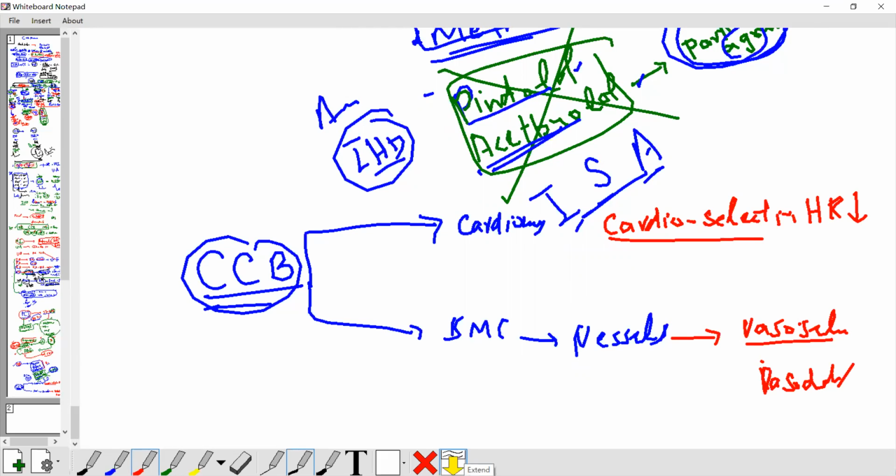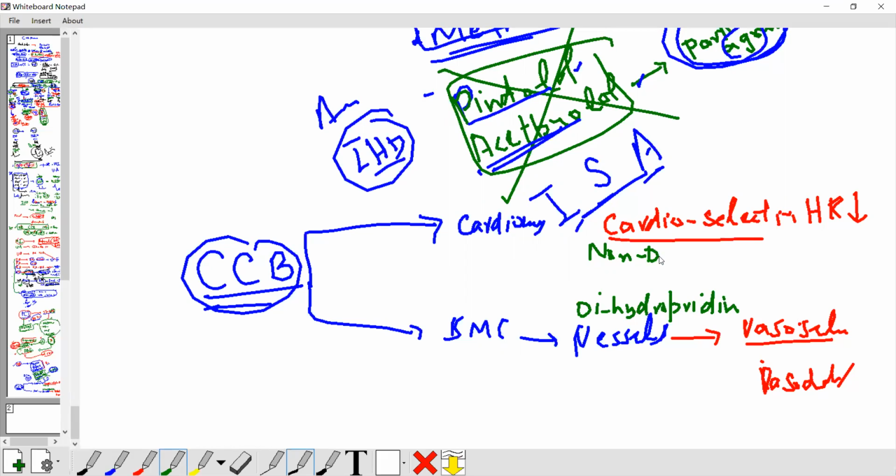So calcium channel blockers have two families. Number one, vasoselective: dihydropyridine. Number two, cardioselective: non-dihydropyridine.